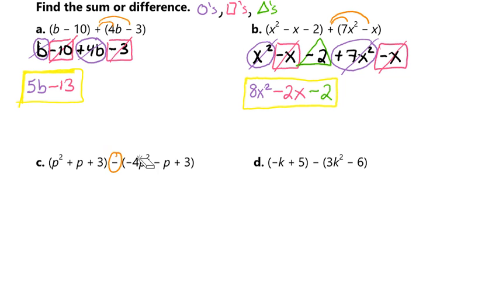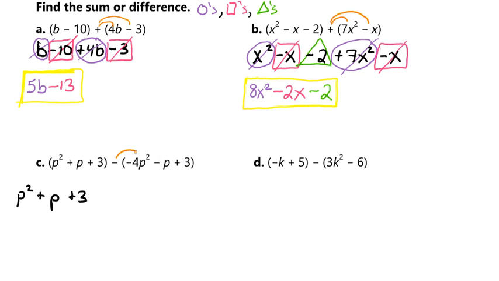So just like for the addition, we still have to distribute that, but this time a negative is going to change things a little bit. So nothing is happening to our front, so we can just write down p squared plus p plus 3. But when we distribute here, I'm going to do them one at a time so you can see it.